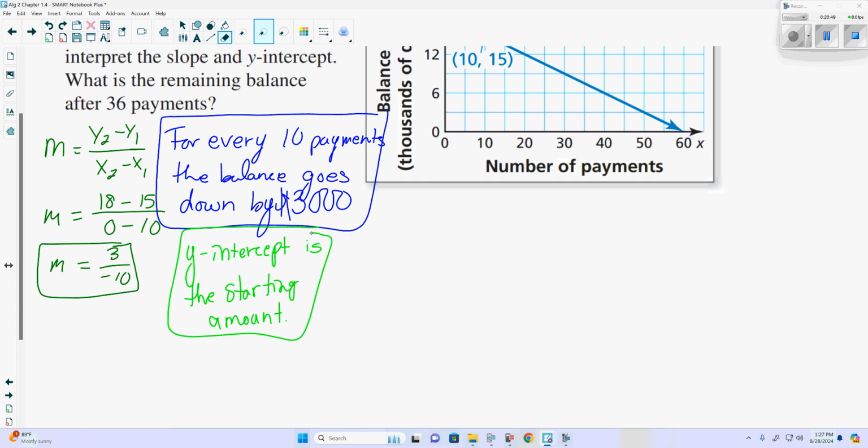This is whatever the loan started out at. Because whenever the x value, number of payments, is 0, we haven't made any payments, so that should be the starting balance. Does that make sense? So that's all it is, especially when it says interpret the slope, interpret this. All it's asking is, what does it mean in the context of the problem?